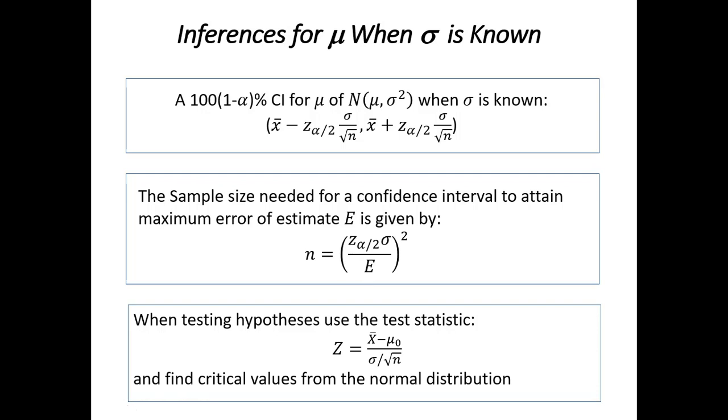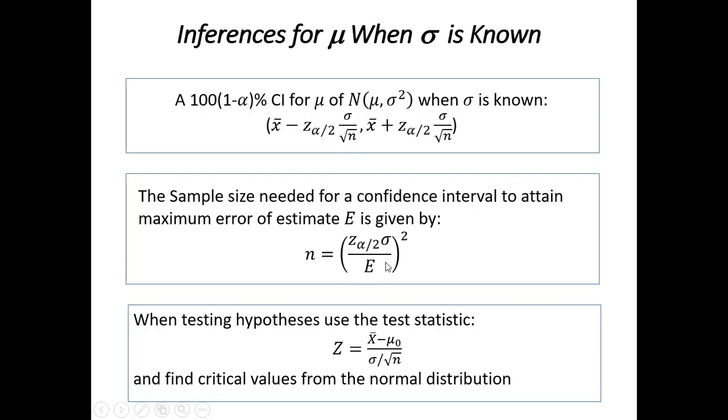If we'd like to know the sample size of a confidence interval to obtain a maximum error of E, then we get a formula here. N is equal to z alpha over 2 times sigma divided by E, this whole quantity squared. This may remind you a little bit of what we see over here. Basically, we're setting this, sometimes called the error term, equal to E, and then we solve it for n.